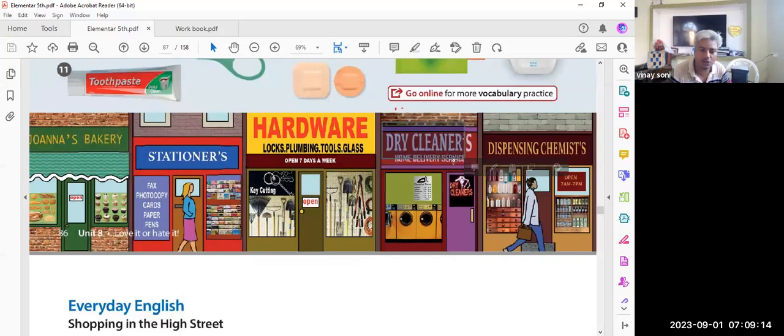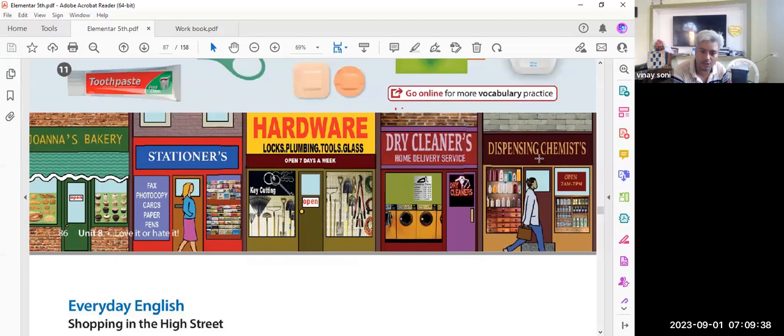So when you have jobs, the name of the shop and the jobs, there are some jobs on which we use apostrophe S and they become the name of the shop. Dry cleaners, stationers, bakers, they become shops. Dispensing chemists, okay, it's a chemist.